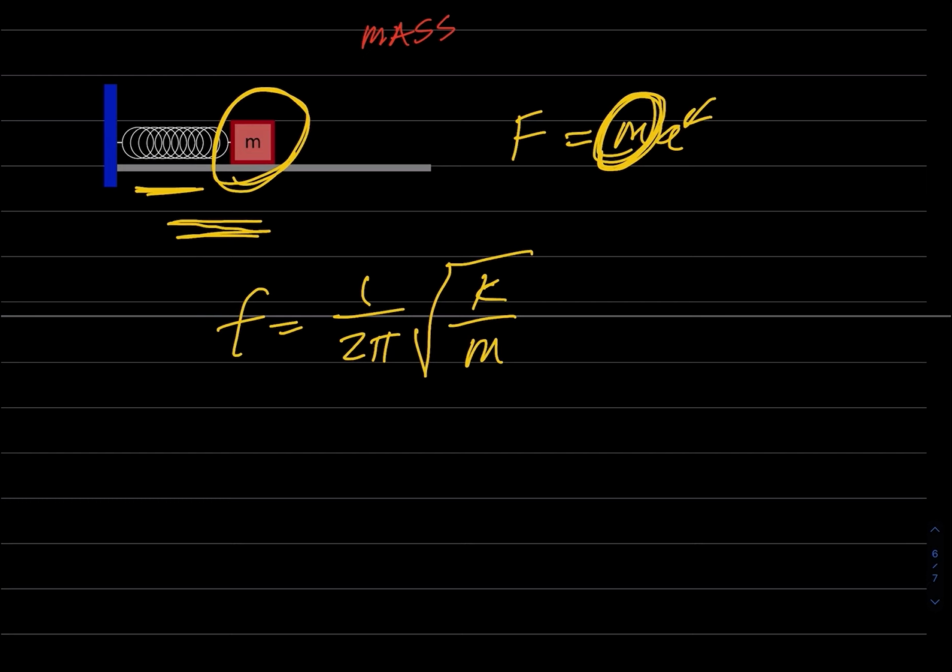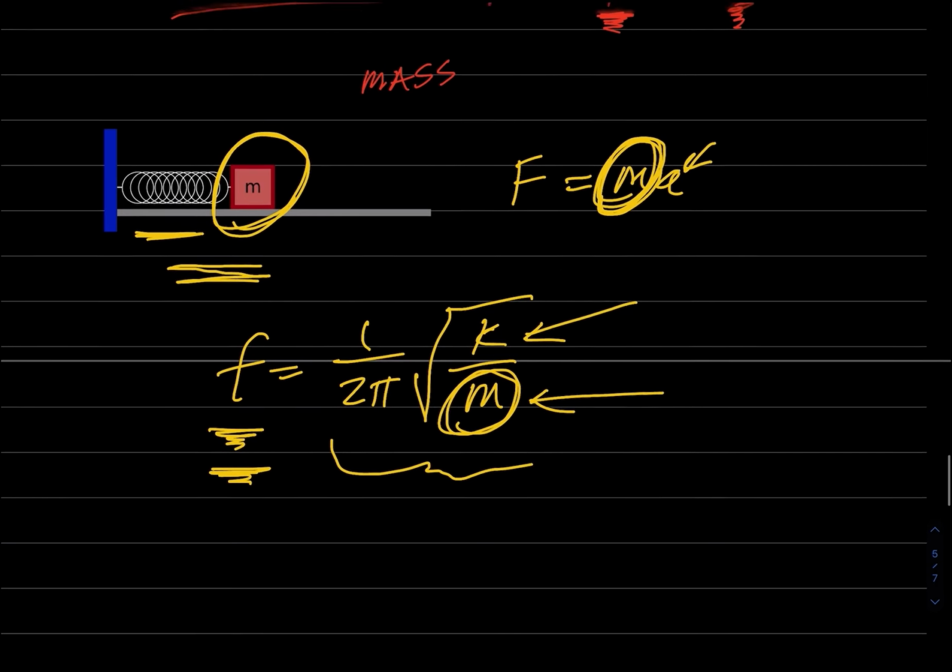Just like we thought, a bigger spring constant, a stronger, stiffer spring, will result in a higher frequency of back and forth oscillation. And a greater mass, if the denominator gets big, then this gets small, and the frequency gets small. A greater mass results in a lower frequency of oscillation.